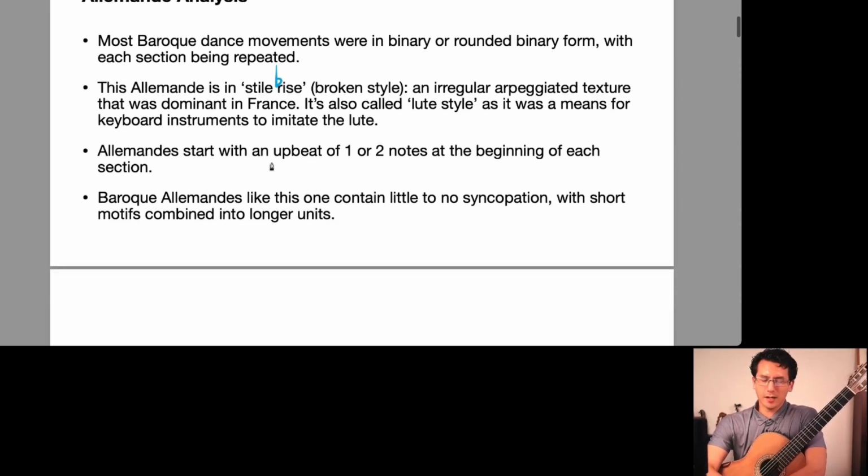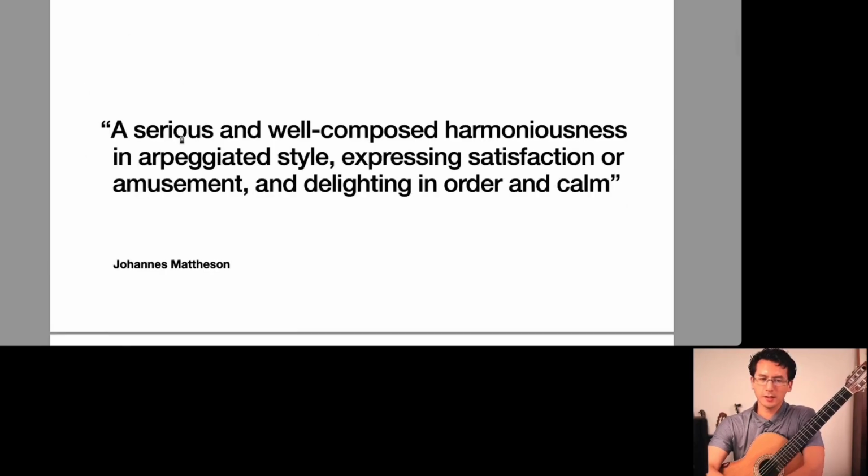Allemandes start with an upbeat of 1 or 2 notes at the beginning of each section, so that's one of the defining features as well. Baroque Allemandes like this one contain little to no syncopation, with short motives combined into longer units. Here's a great quote by Matheson: "A serious and well-composed harmoniousness in arpeggiated style, expressing satisfaction or amusement, and delighting in order and calm."